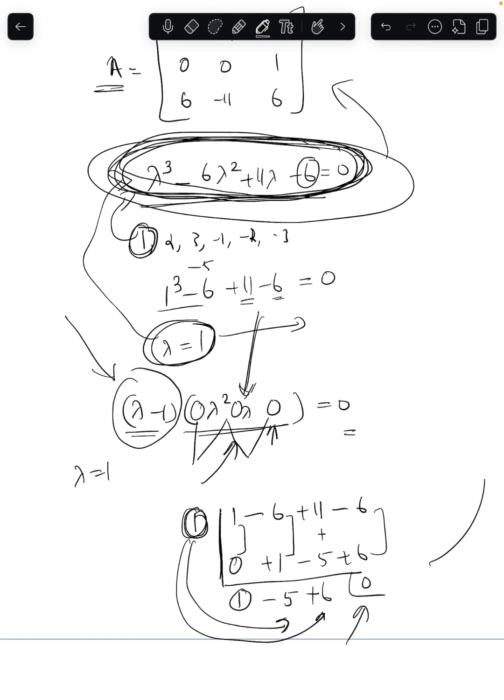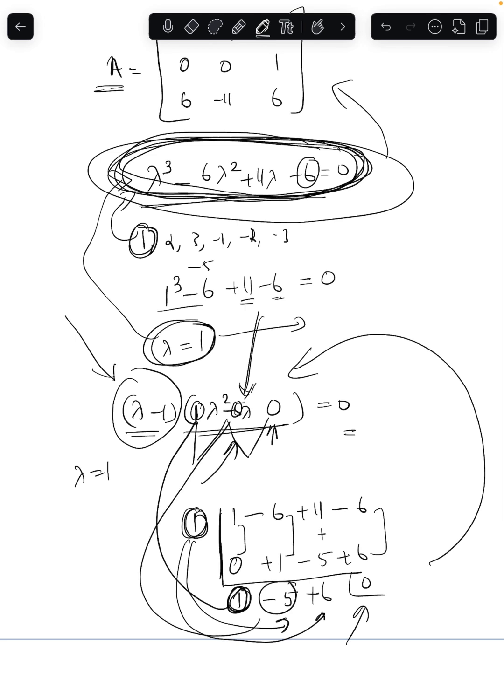So I found the coefficients of this quadratic equation: 1 is the coefficient of lambda square, minus 5 is the coefficient of lambda, and 6 is the constant term.